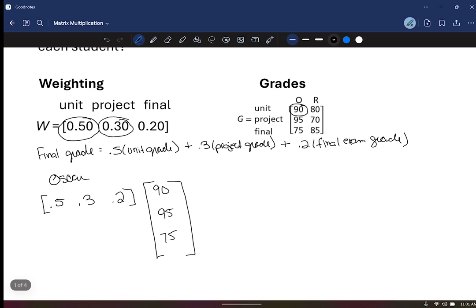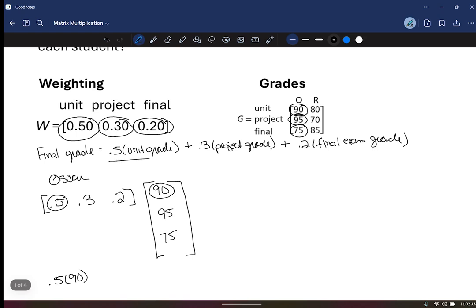Project is in the second position, and second position. So we are going to end up taking the first number in the first row times the first number in the first column. So we have 0.5 times 90, and that represents the unit percentage times the unit grade.